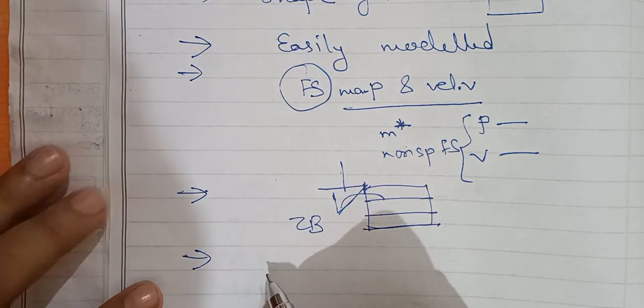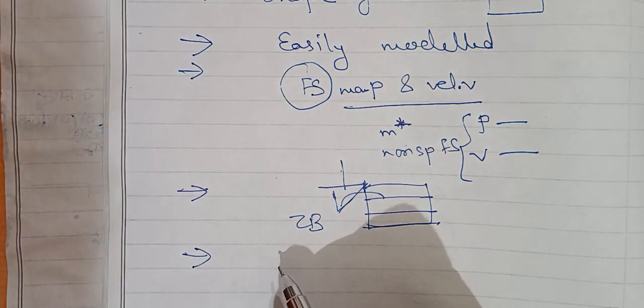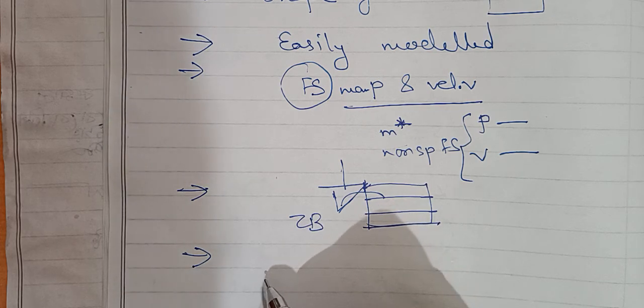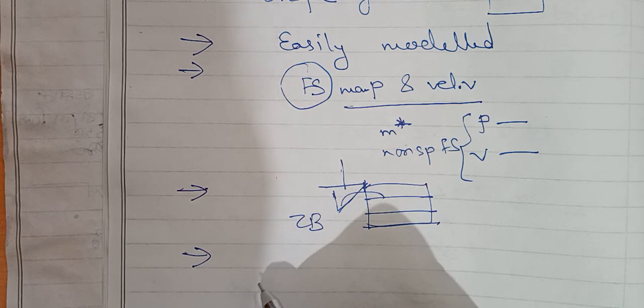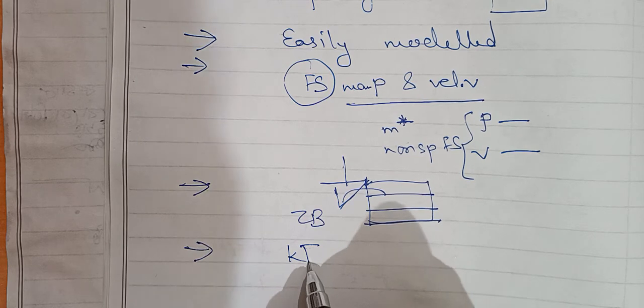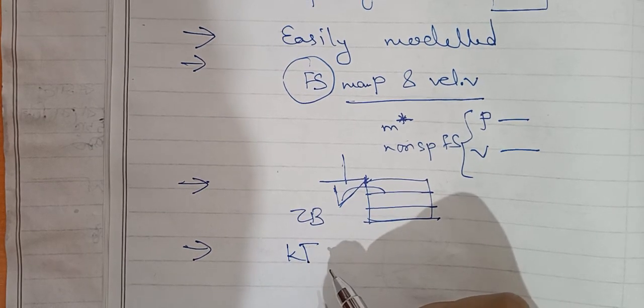Then comes the point that all the phenomena in which we are usually interested affect only the electrons that may be thermally excited, that is, those that lie in an energy range of the order of kT in width about the Fermi level.